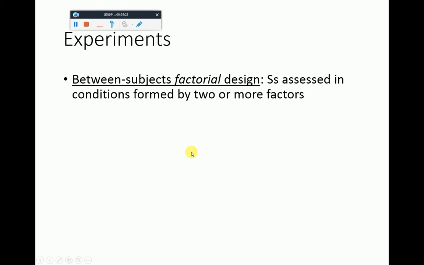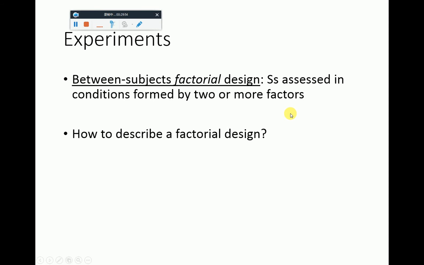Previously we said that we have single factor between subject design, but now we have between subjects factorial design. In a typical between subject factorial design, we have participants assigned to conditions formed by two or more independent variables. Factors are just another name for independent variables.